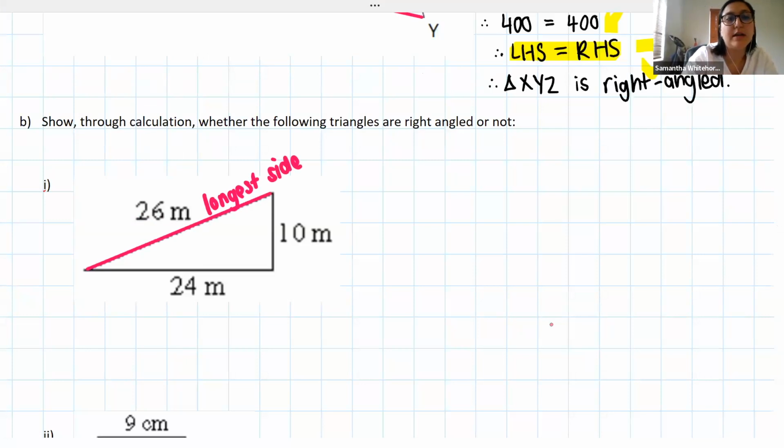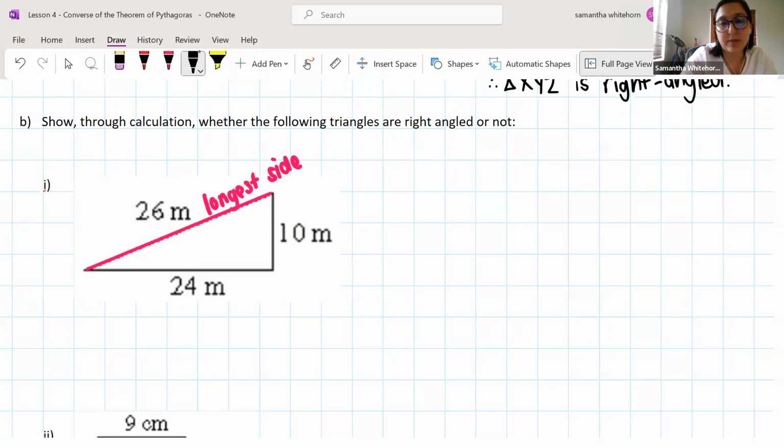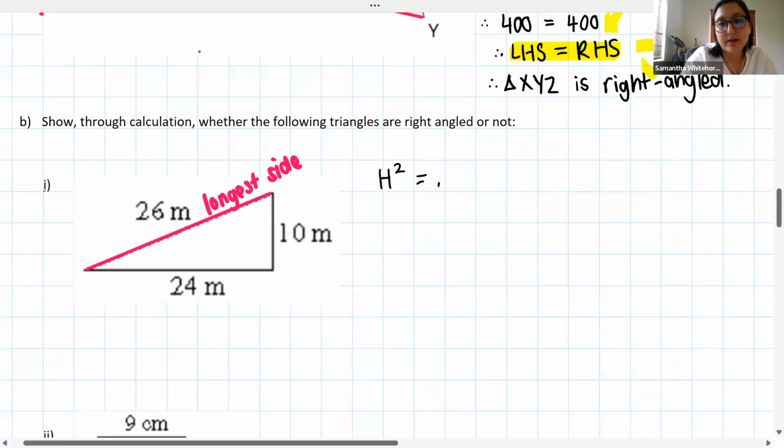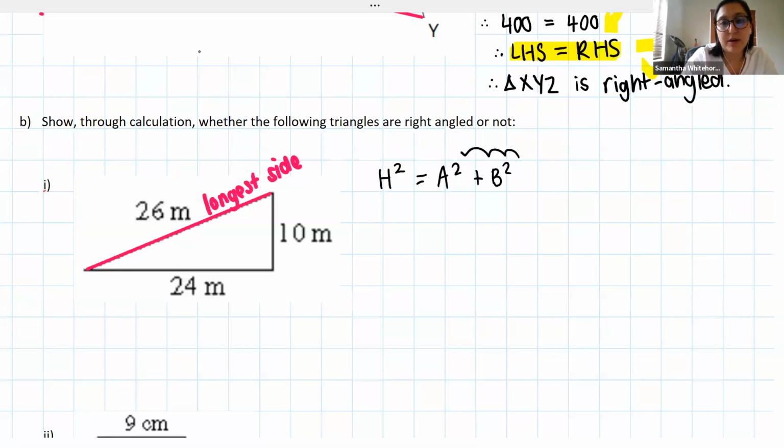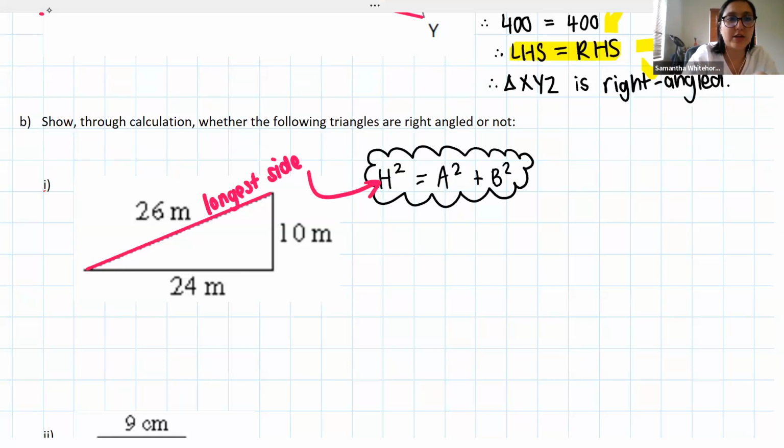Once we know which is our longest side, we can substitute in. Now remember, it's hypotenuse squared is equal to the sum of the squares of my two other sides. That's Pythagoras' theorem, or the Pythagorean theorem. So now we're going to substitute. Remember, your longest side substitutes in for h.